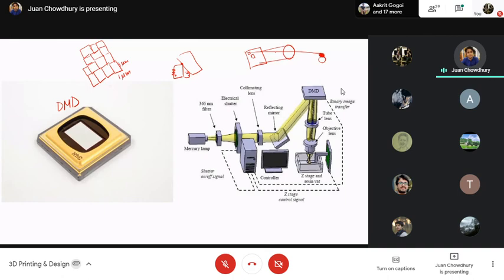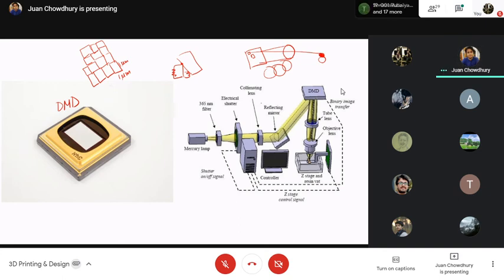If you project different color lights, so you have 3-4 bulbs, the very motion of this DMD chip will now make movements. This motion of the chip will make the image move, and if the image is in the ultraviolet range, what you will realize is that this ultraviolet range projected onto a resin will solidify the material. That is how a DMD system works.